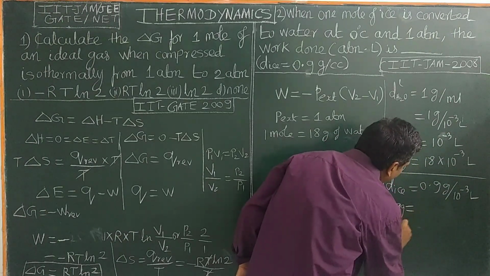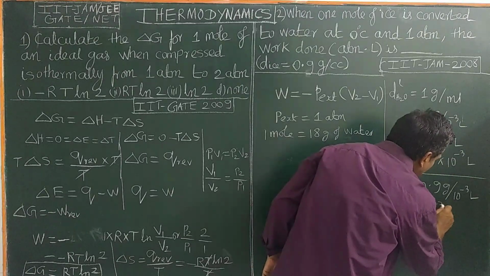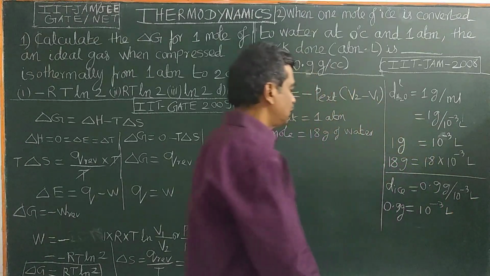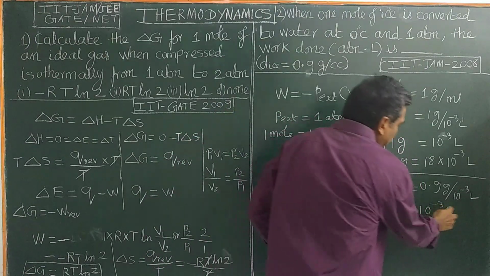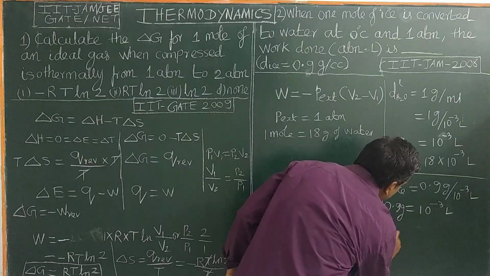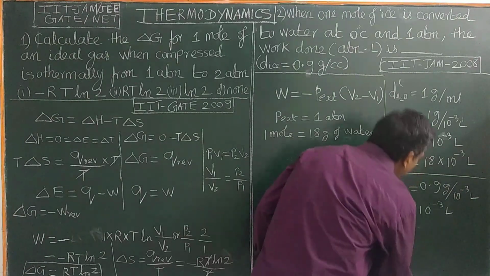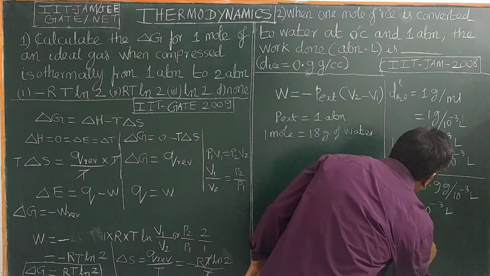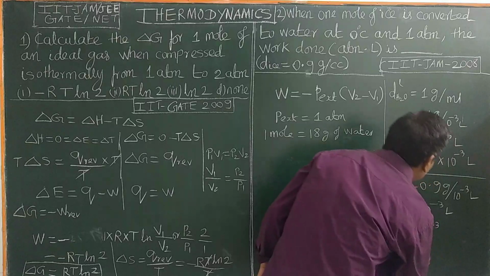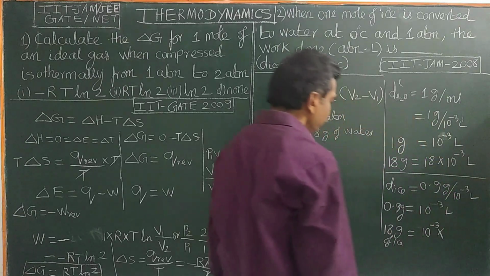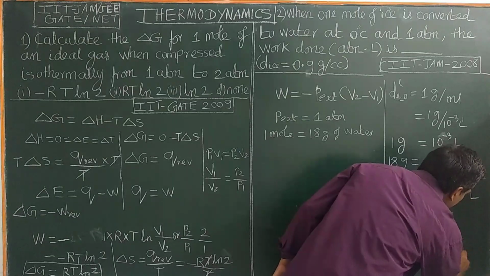The volume of 0.9 gram of ice will be 10 power minus 3 liter, therefore 18 gram of ice, which is 1 mole of ice, will be 10 power minus 3 into 18 divided by 0.9.